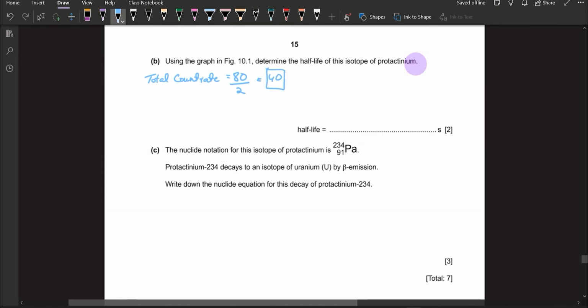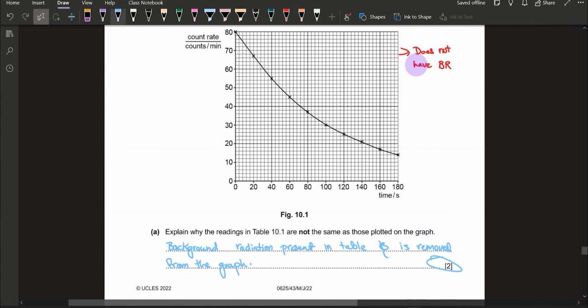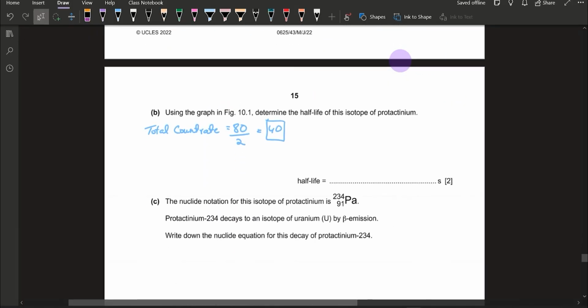So we can go up to the graph, find the count rate here, and take our time from the graph. You can see here our time is approximately 72, because one box represents 4 here. So we can write down here that the half-life is 72.